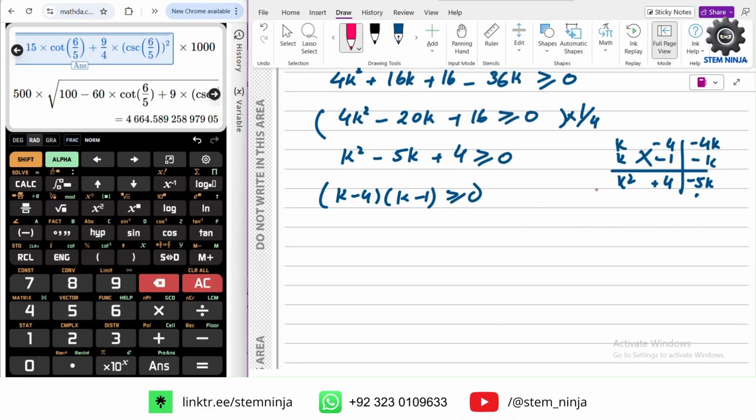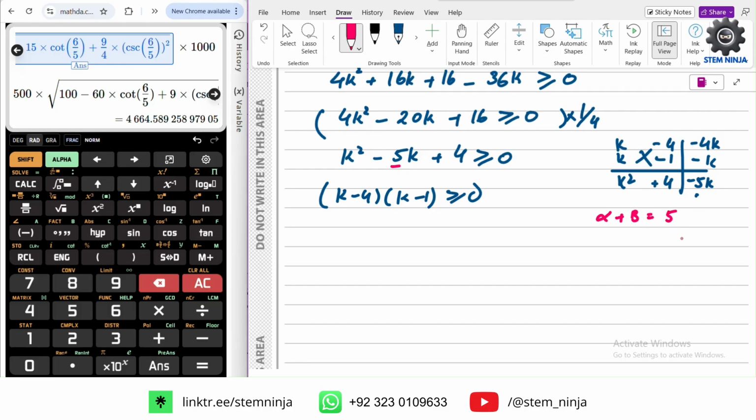So another way to do the sum and product rule is that the roots alpha and beta would be equal to minus b over a, sorry, minus negative 5 over 1.